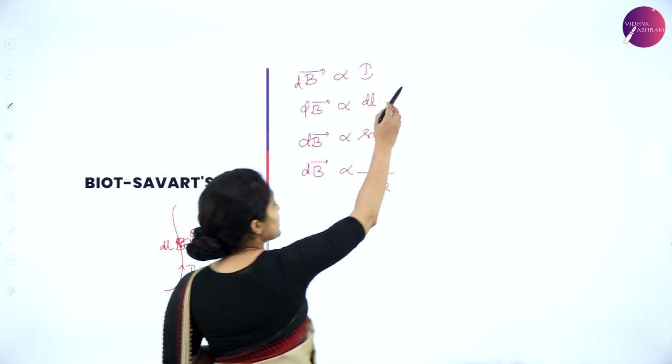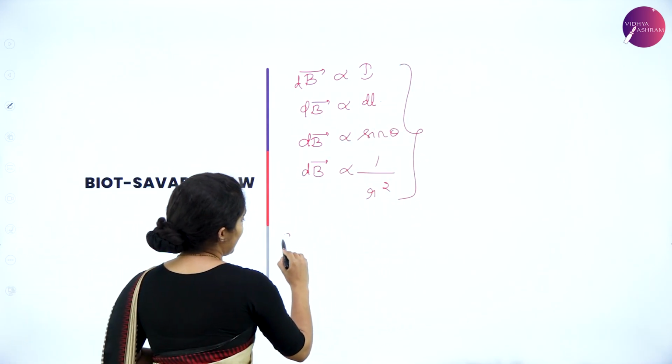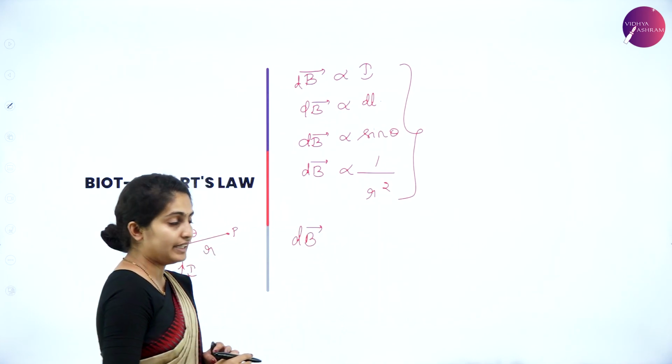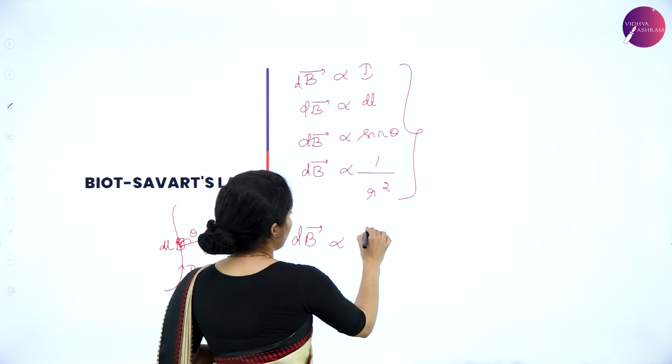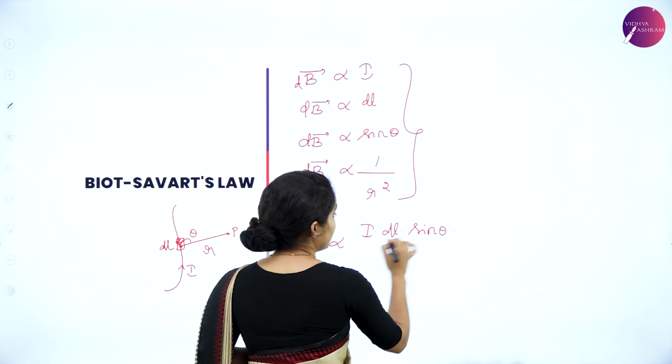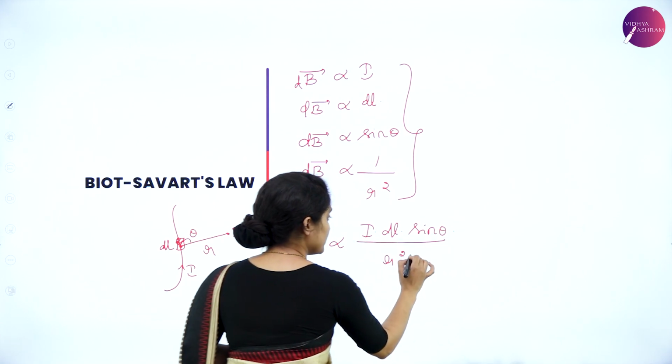So on combining all these things into a single expression, we have dB vector, that means change in magnetic field, is directly proportional to I dl sine theta divided by r square.